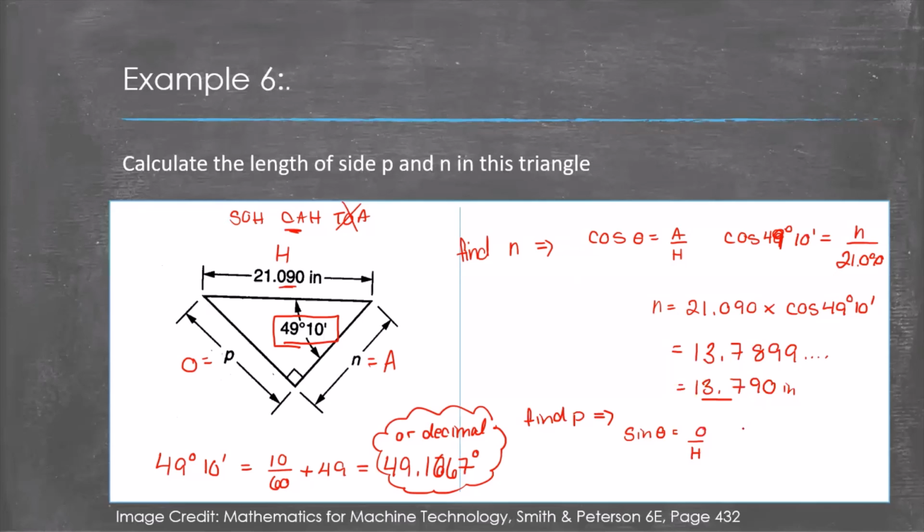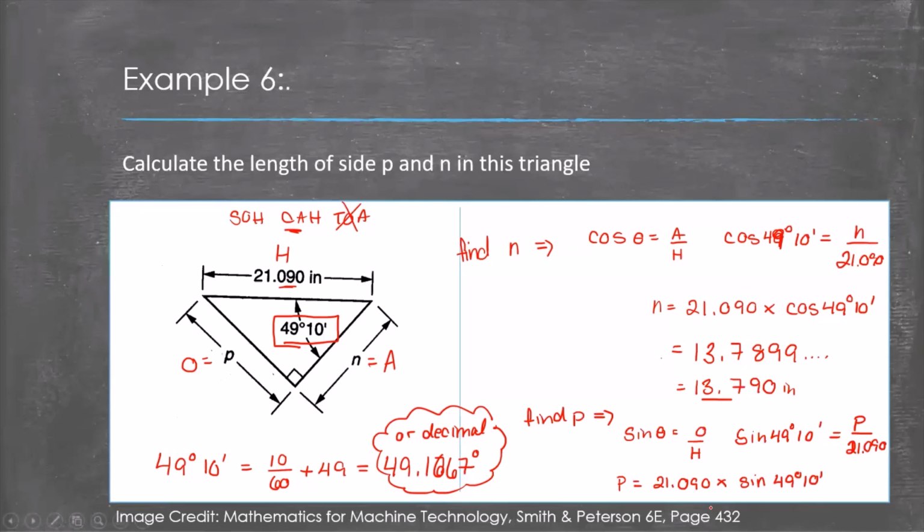Putting the information in, sine 49 degrees, 10 minutes equals P divided by 21.090. You'll notice the equations look the same, so they rearrange the same. So P is equal to 21.090 times the sine of 49 degrees, 10 minutes.